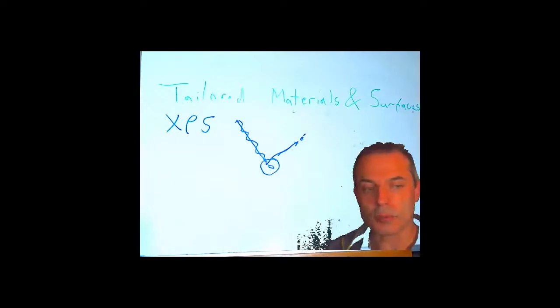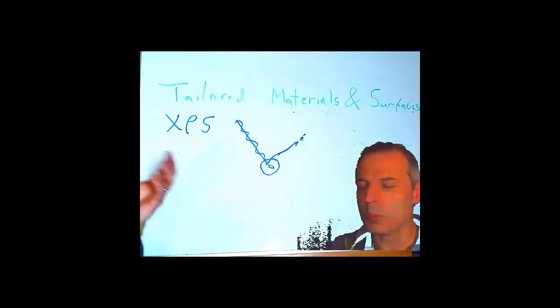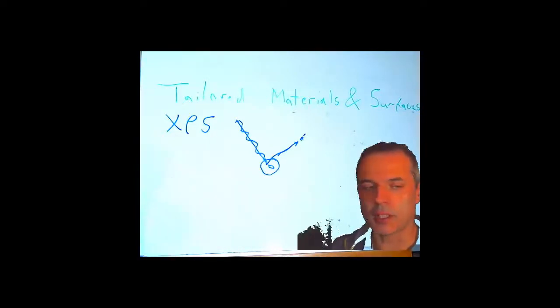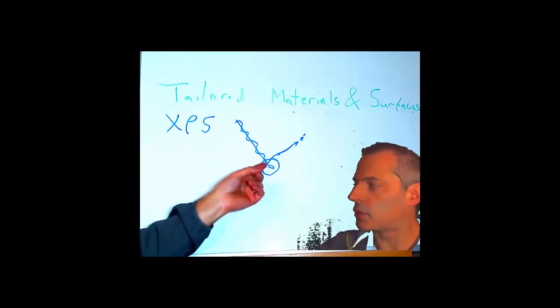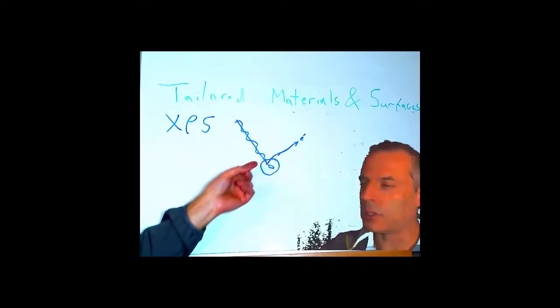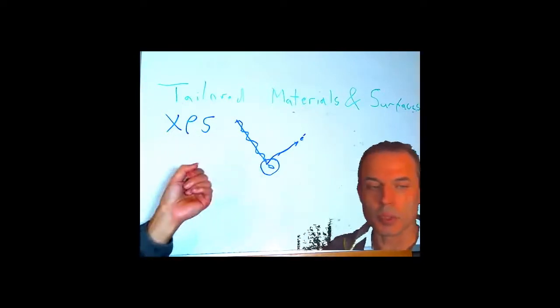We get a spectrum and we can compare it to elements, so we can get an idea as to which elements we've just hit, and we get some information as to what they're connected to, because this electron energy is shifted slightly depending on how it's bonded.